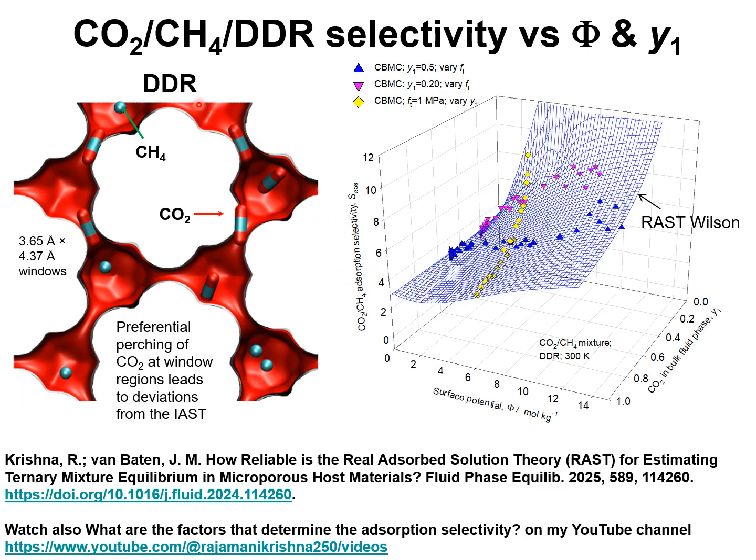Thermodynamic non-idealities also prevail for CO2 methane mixture adsorption in DDR zeolite due to preferential location of CO2 in the window regions. CBMC simulations for 3 different campaigns were carried out to determine the adsorption selectivity of CO2 with respect to methane.